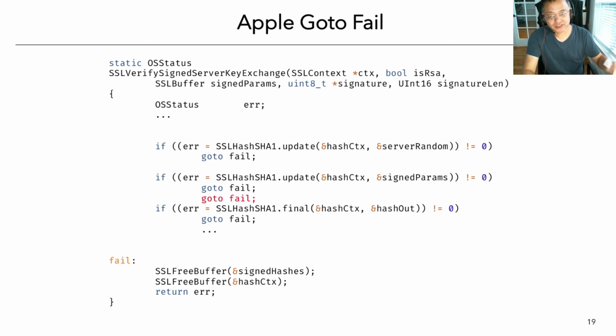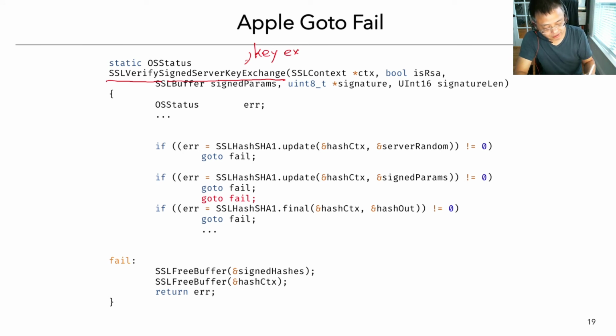Then this is actually very interesting, right? The Apple goto fail. This function is an SSL verification. You verify the signed server key exchange. It's a part of the key exchange, so this function is going to verify this key exchange.